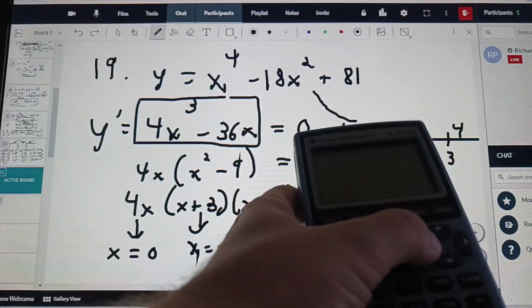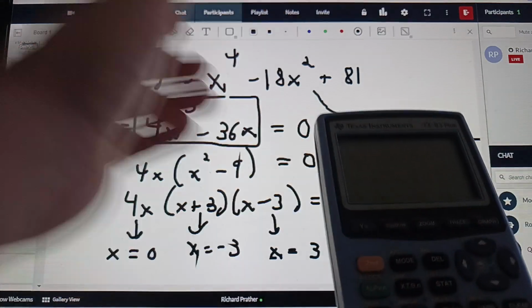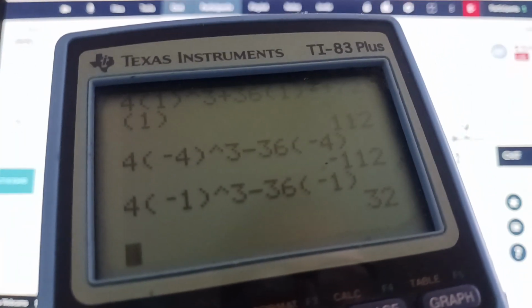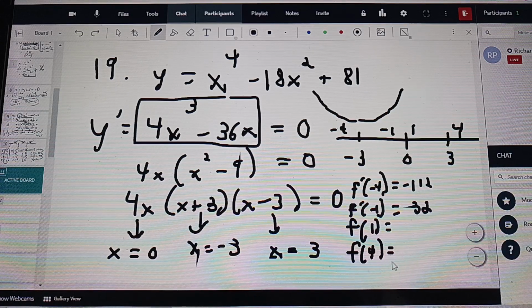Then if I press second enter and change the -4s to -1s by just typing over the 4 with a 1, the negative's still in there. Now it's +32. So it just switched from negative to positive. So that switched from decreasing to increasing.